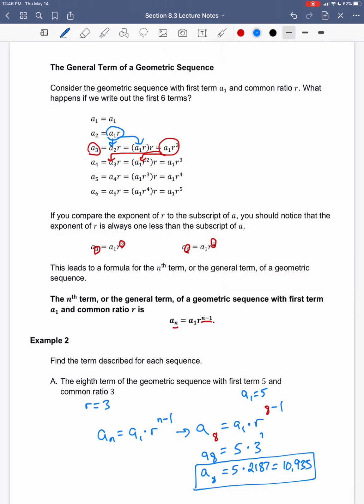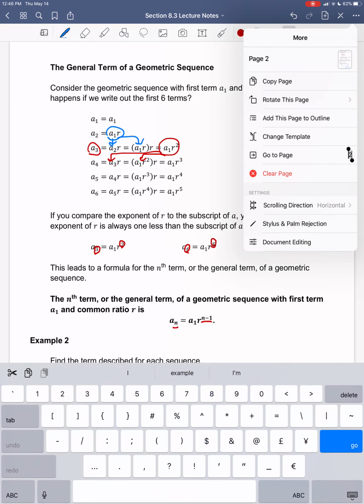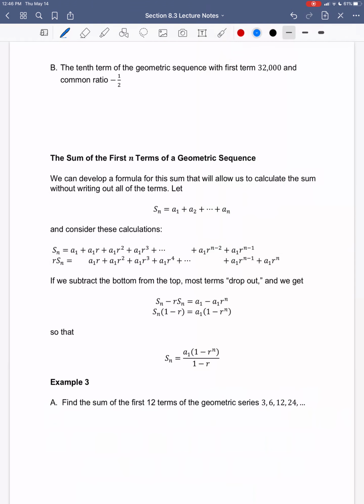Oops. No. Next page. Go to page 3. Here we go. So here, I've got that a sub 1 is 32,000. And we've got that r is negative 1/2. So we know a sub n is a sub 1 times r to the n minus 1.